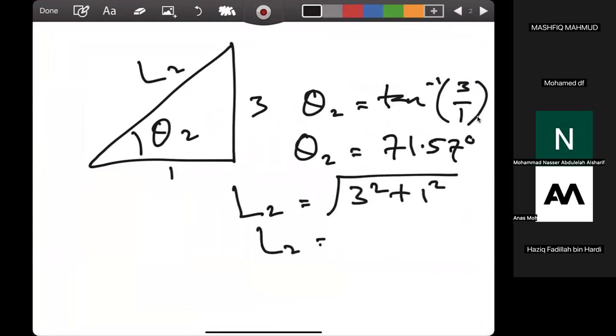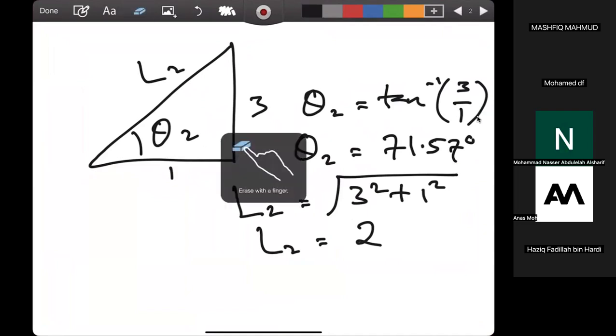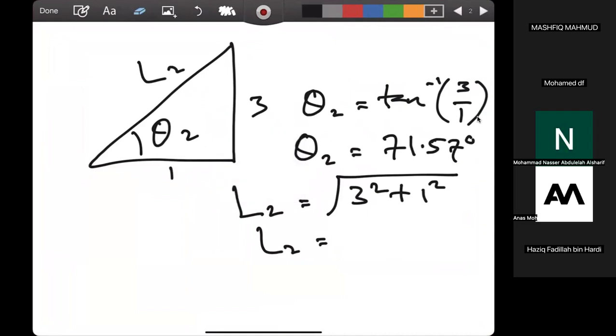L2, the length. Square root of 10, which is 3.16.